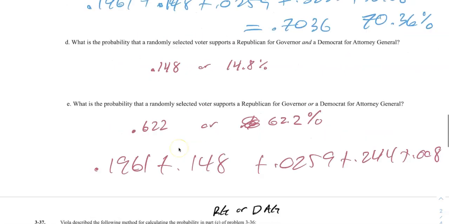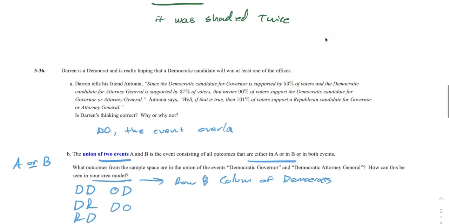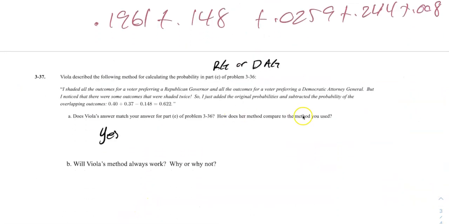So what she did was, when we did it, we just added up this plus this plus this down here. She just added up this row, 0.196 plus 0.148 plus 0.025, and then this row, 0.148 plus 0.244 plus 0.008, and then she just subtracted this off because it was counted twice. That's what she did. So that's how it compares.